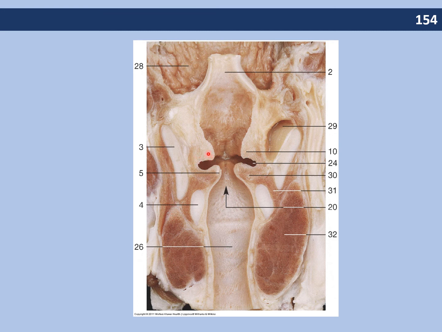So here are the vestibular ligaments covered in mucosa. This is the vestibular fold, and here is the vocal fold. Number 5 here would be the vocal fold.